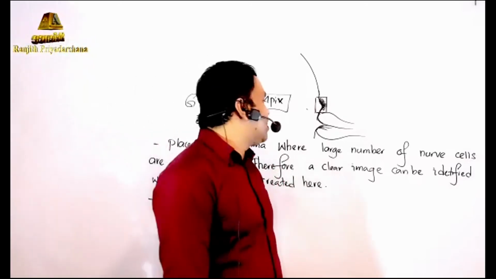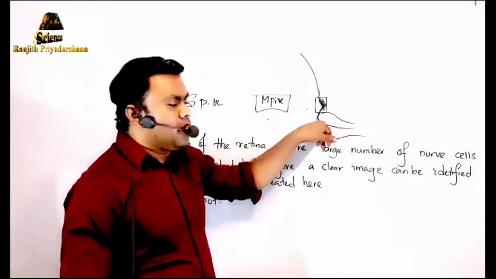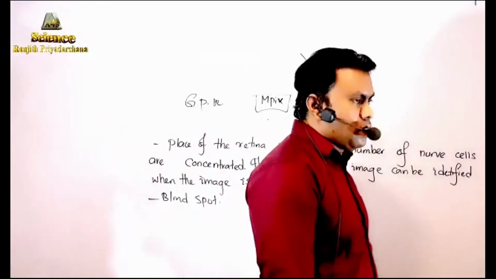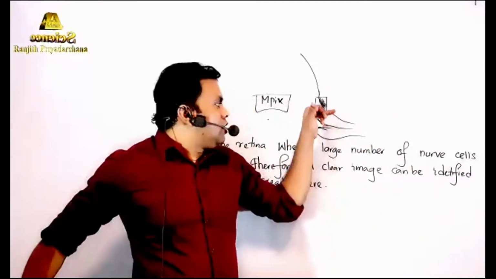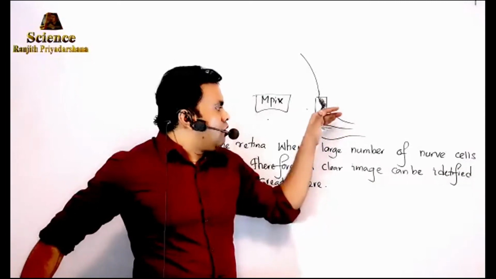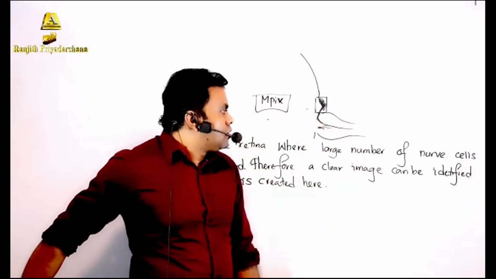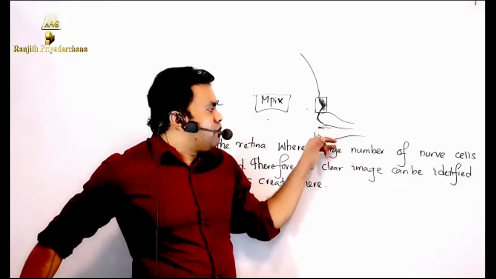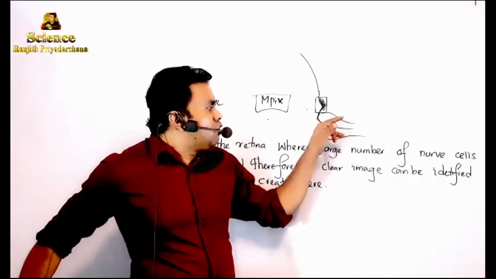As there are no light sensitive cells, image cannot be identified, even though the image is focused to the blind spot. Even if the image is focused on the blind spot, you cannot identify the image.